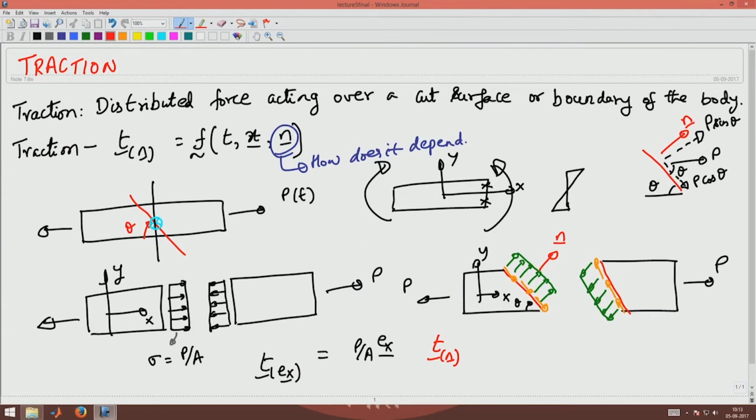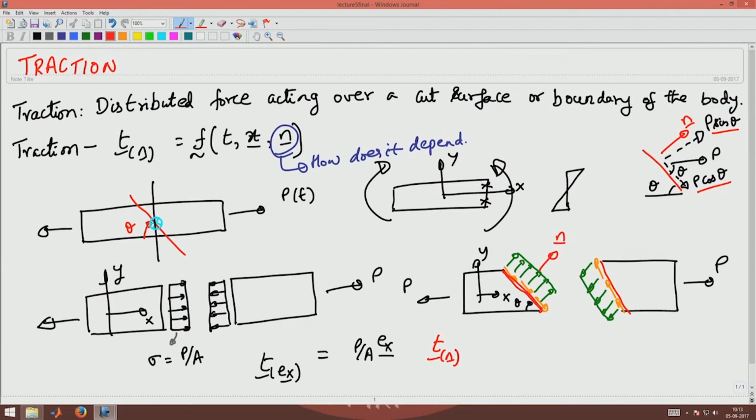Now if I assume that this P cos theta and this P sin theta are distributed uniformly over this inclined surface, then what will it be?